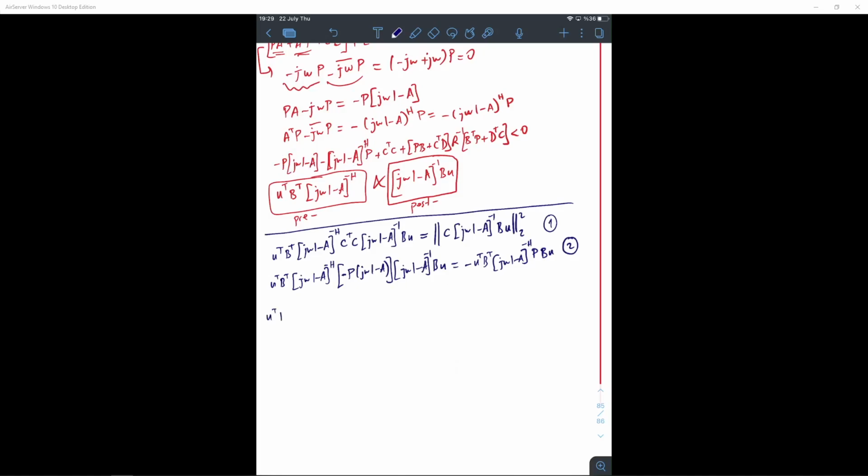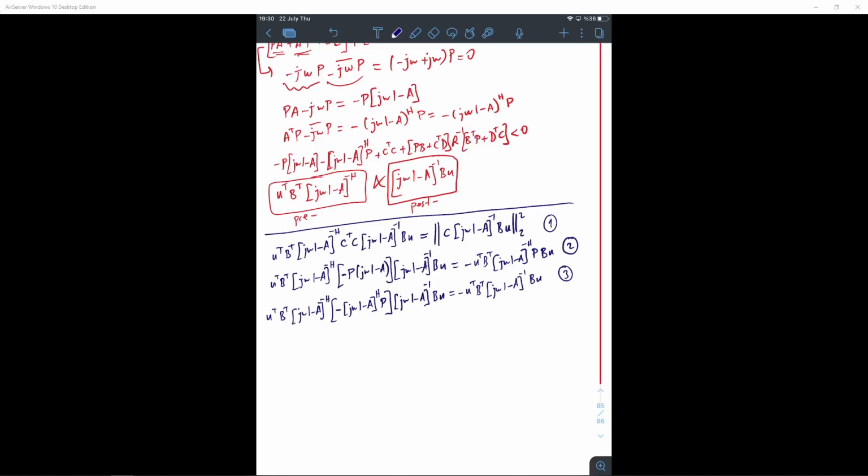U transpose B transpose j omega identity minus A minus Hermitian, minus j omega identity minus A Hermitian P j omega identity minus A inverse BU equals minus U transpose B transpose j omega identity minus A inverse BU. Okay, let's call it 3.